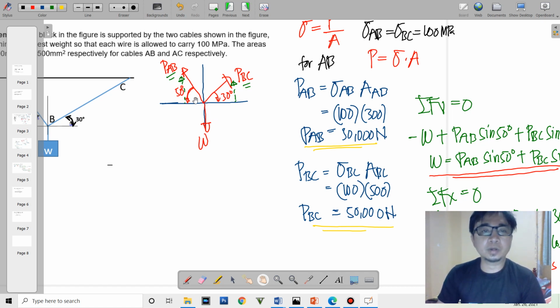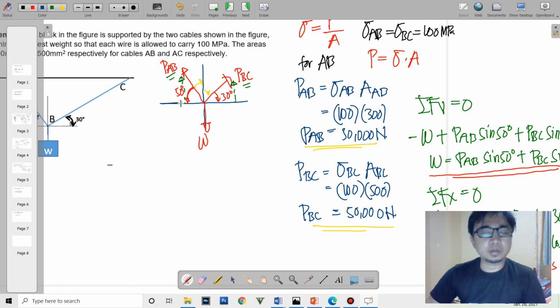Just follow your angles. It's basic that you know where to get the angle, whether the vertical one or the horizontal one.